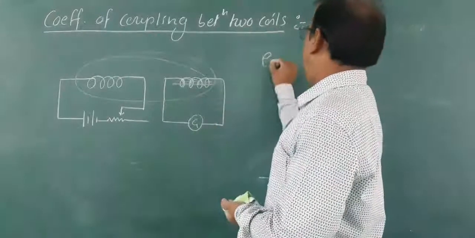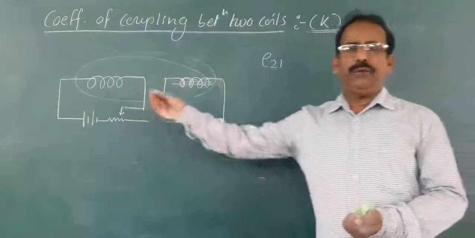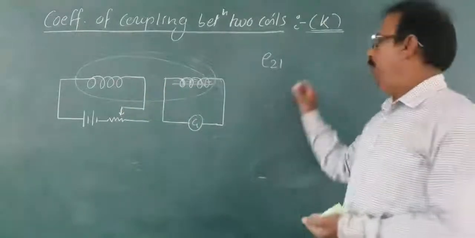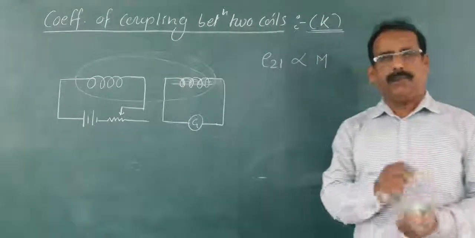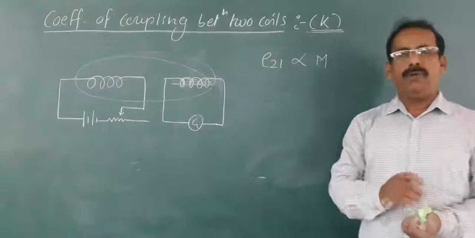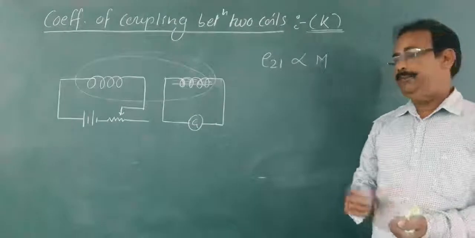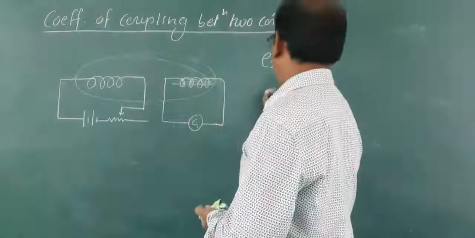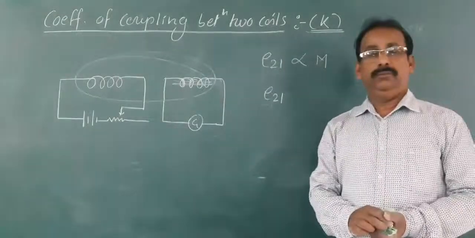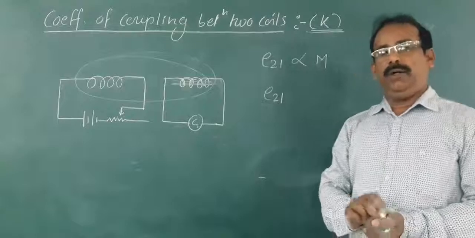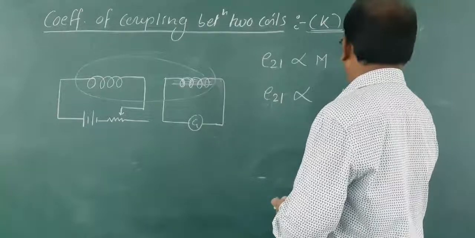You know that the EMF induced in this second coil due to the current in the first coil is proportional to the coefficient of mutual induction, or mutual inductance. Similarly, this E21 is proportional to K times Phi1.